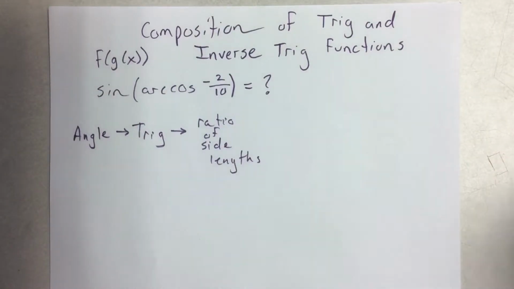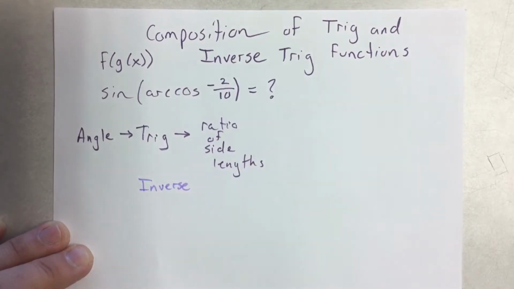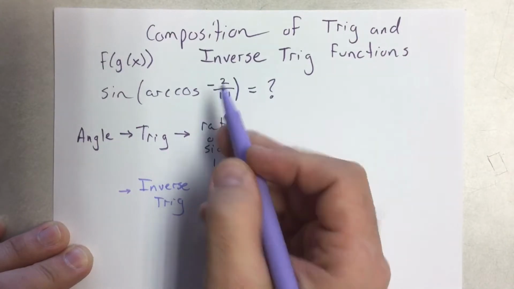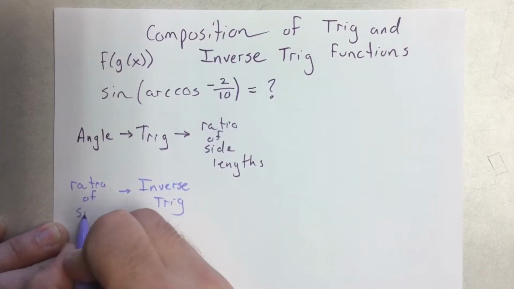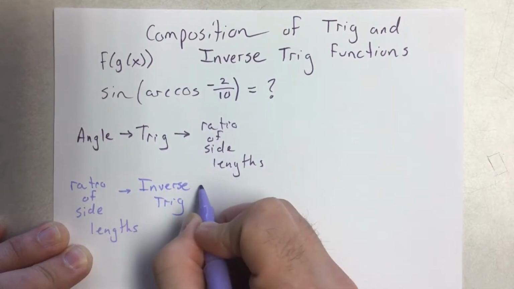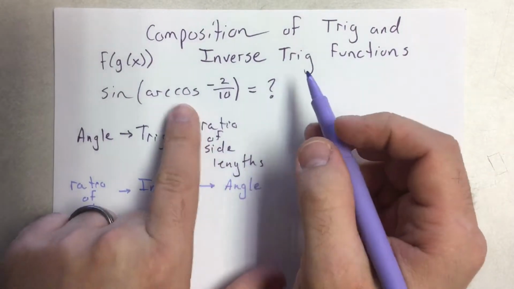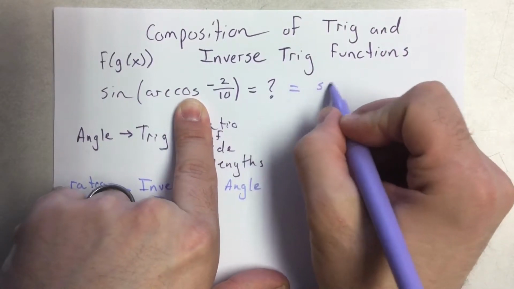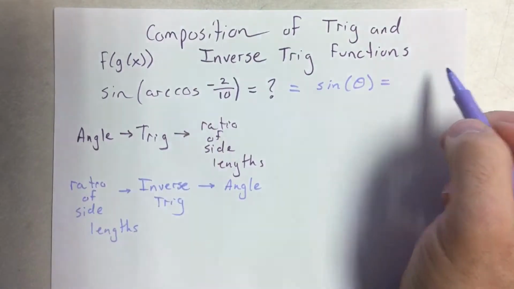Well, with inverse trig functions, our input, as you can see in this example, is a ratio of side lengths. And our output is an angle measure. So we are going to get an angle measure from this arc cosine. And with that angle measure, we'll be able to say what it equals.